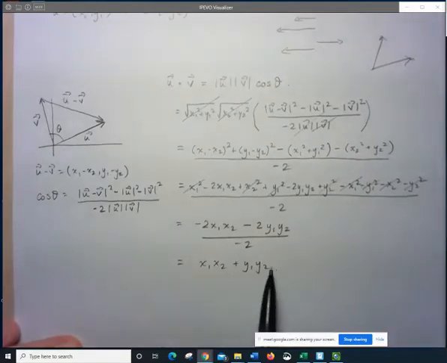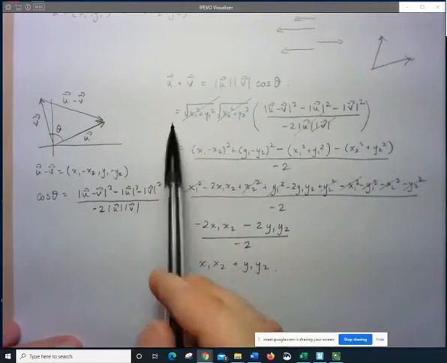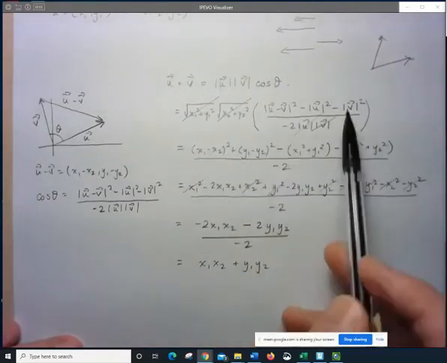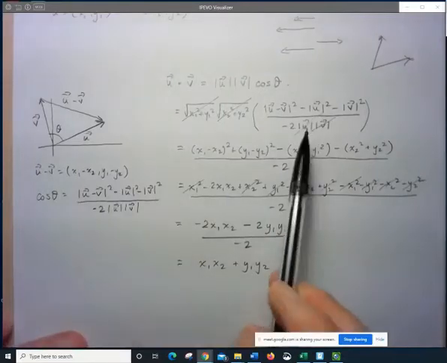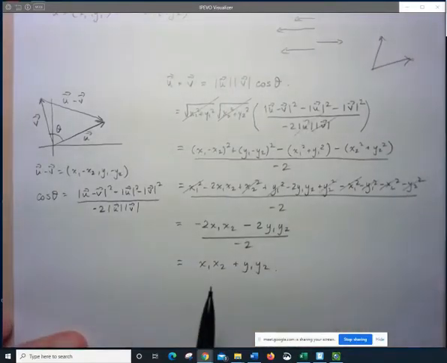And look at how simple this ended up becoming. From this big ugly expression, which would have looked even worse if I had replaced all these things by x1s and x2s, it reduces to something very nice, just about as nicely as one would hope.